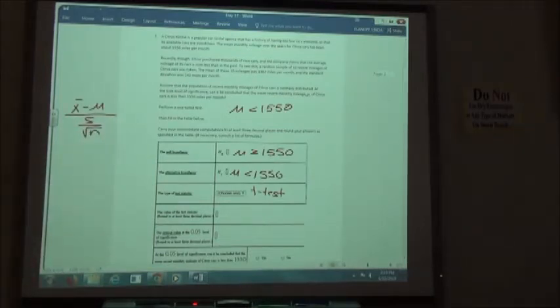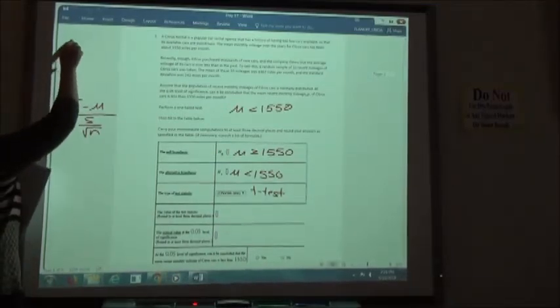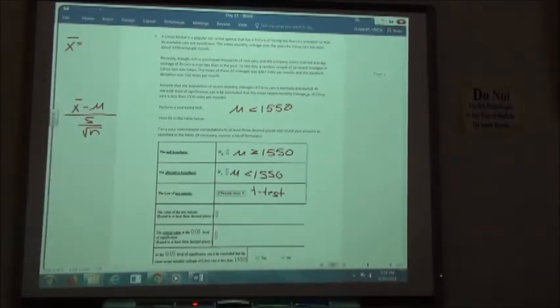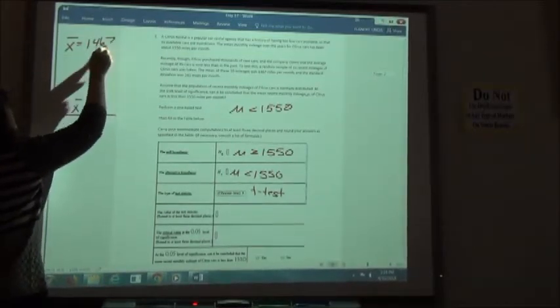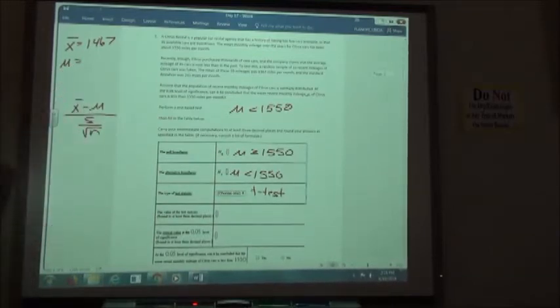So in this case, our x bar number is what number there? What is the mean of the sample? 1467. Exactly. Then we have the mean that we're trying to compare it to, which is 1,550.